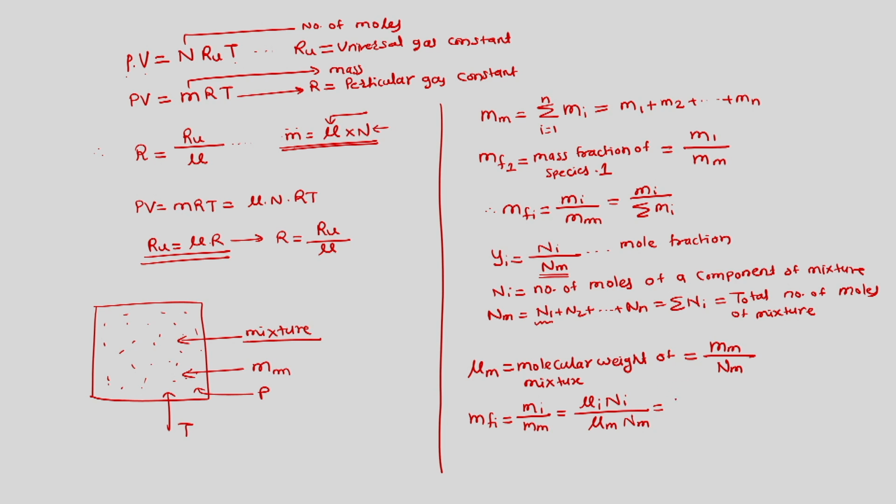So we can write this as the molecular weight of i divided by the molecular weight of the mixture, into yi. This is the relation between mass fraction and mole fraction.